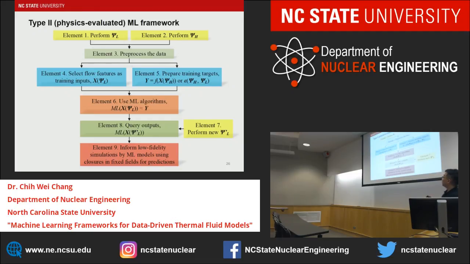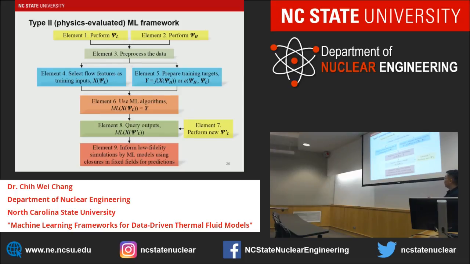In element 3, we need to pre-process the data because we need to make sure the dimensions of the high and low fidelity simulations are in the same order. In element 4, again, we need to select the flow feature. In element 5, we need to define the discrepancy between the two models, or the expected output of our closure model. And we can use the machine learning algorithm to build a correlation between the inputs and outputs.